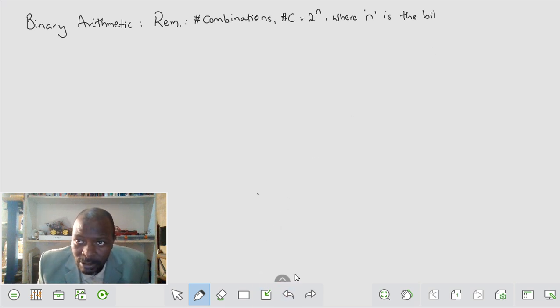Now we're talking about subtraction, so this is the number of bits that you use in the subtraction.